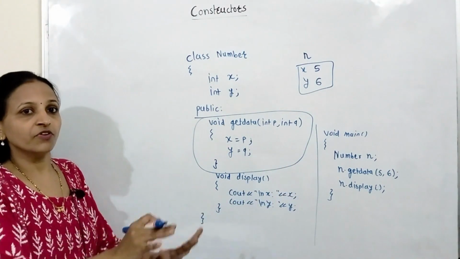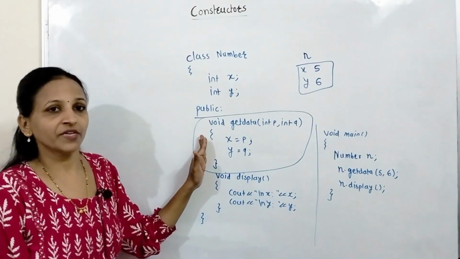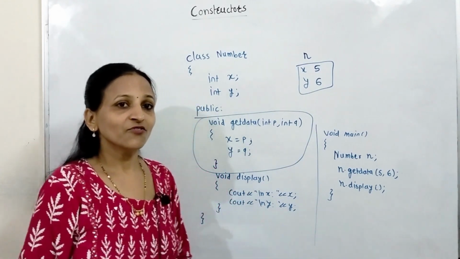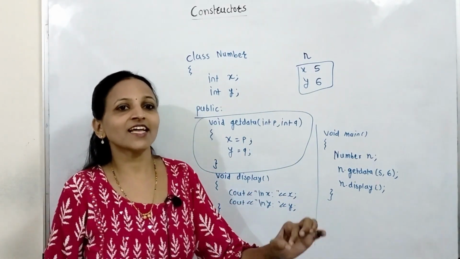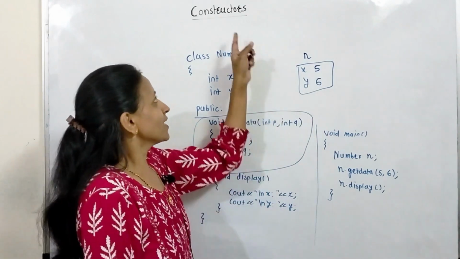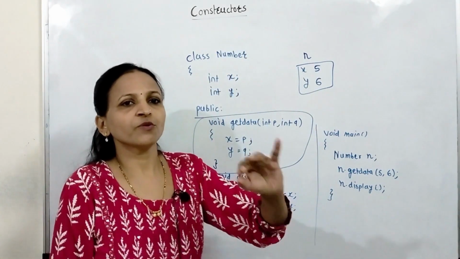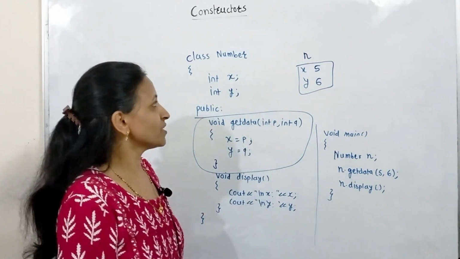Till now we have done this type of initialization, but there is one more way to initialize data members of a class, and that is the constructor concept. It is a very powerful, very interesting concept in C++.